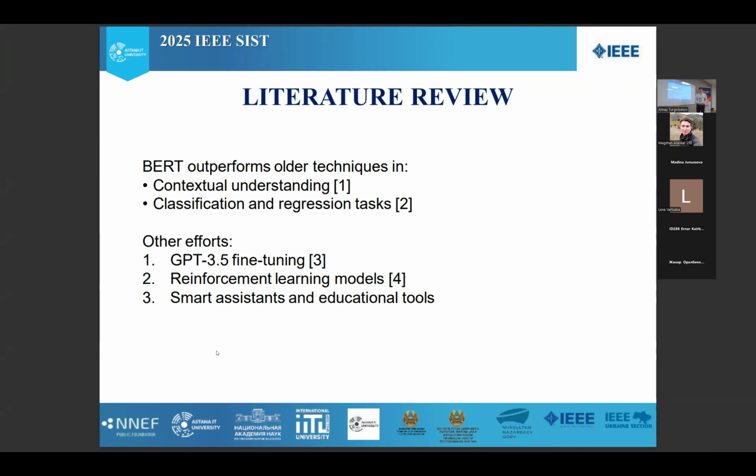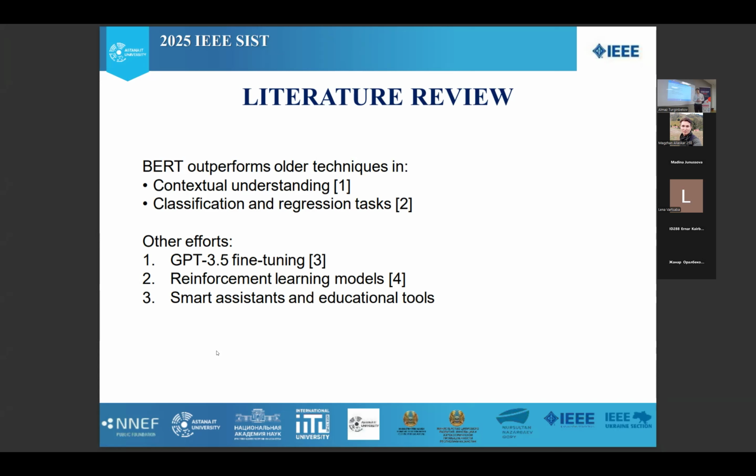We searched for similar research in this field, so the choice of BERT wasn't random, because other researchers also used the BERT model because it gives contextual understanding of essays and is good for classification and regression tasks.